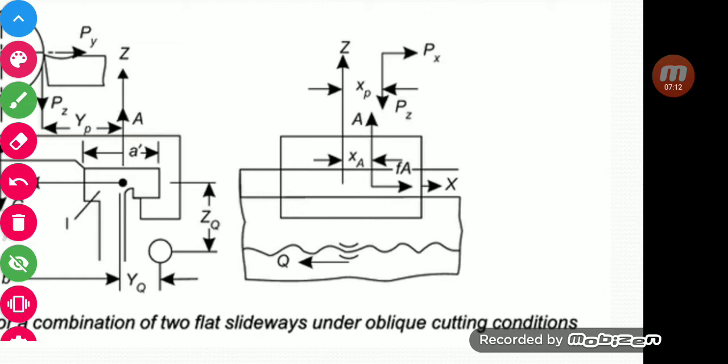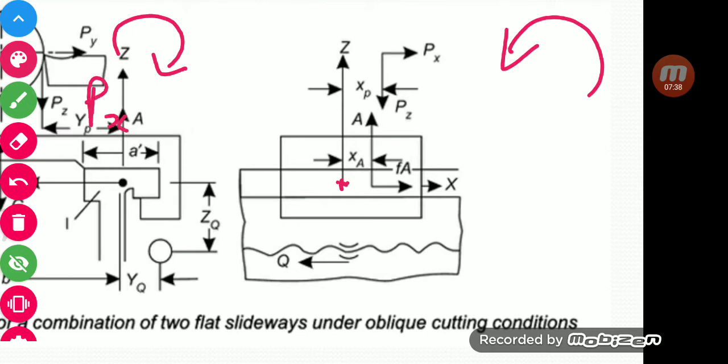This is, as I said, from the front view, and your y-axis is nothing but a dot here. Here we see that you have px multiplied by h. So what we can do here is write down what are the clockwise and what are the anti-clockwise moments. The first one here is px multiplied by h.